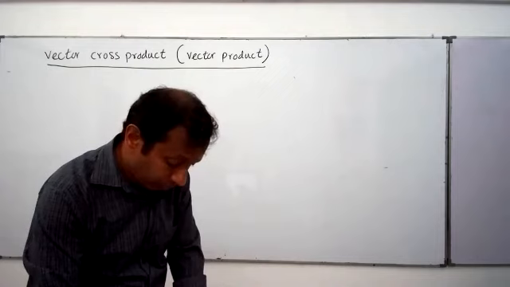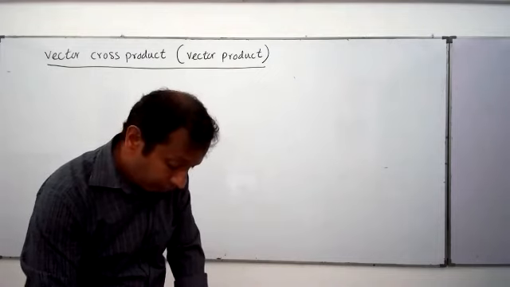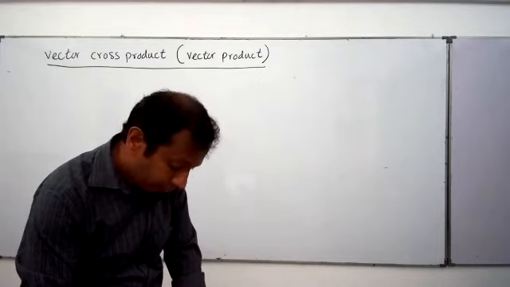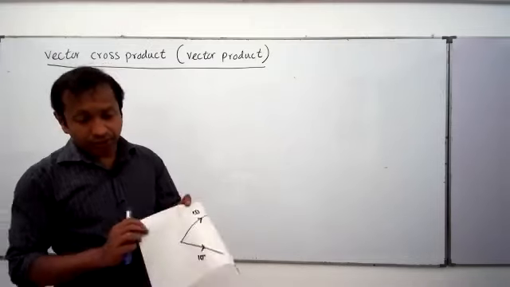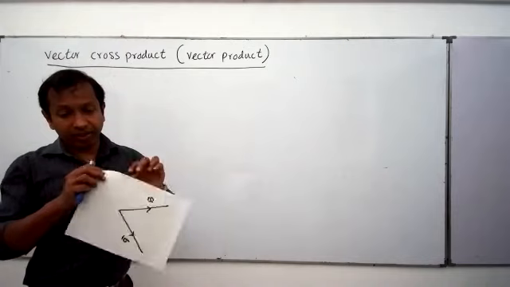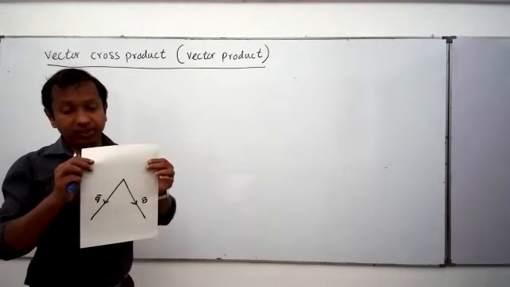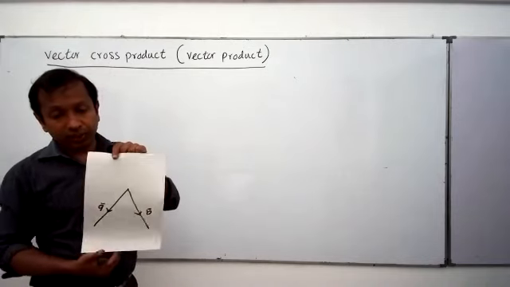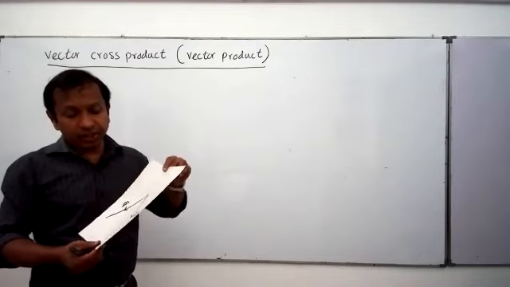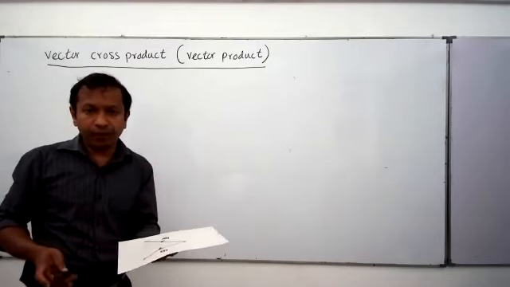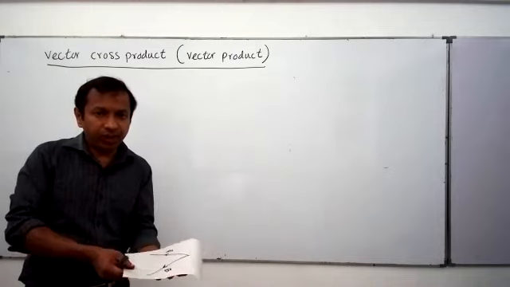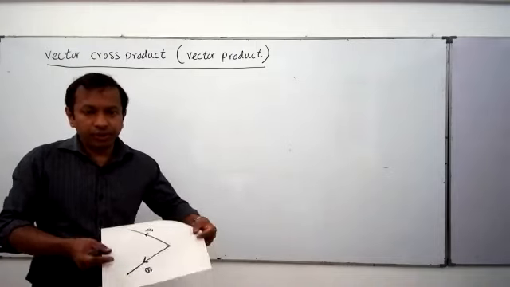Now you can see this A vector and B vector. I have drawn that. Vector A and vector B, two lines anyway. Now we have the plane containing these two vectors. The two vectors, you can see, are two lines this way.